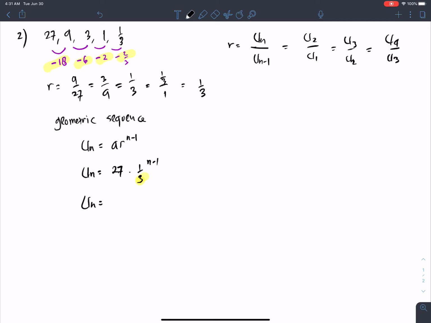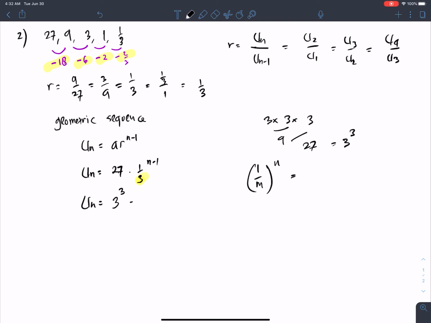The 27 definitely is 3 to the power of 3, because 3 times 3 times 3, 9 times 3, gives us 27. So it's 3 to the power of 3, times, and then remember 1 over m in exponential to the power of n.